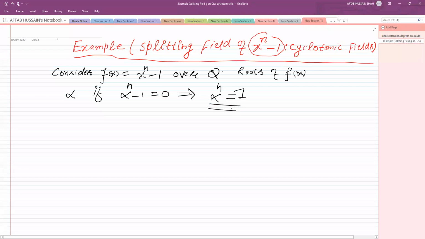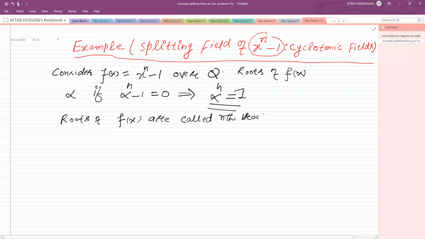So the roots of f(x) are called nth roots of unity.